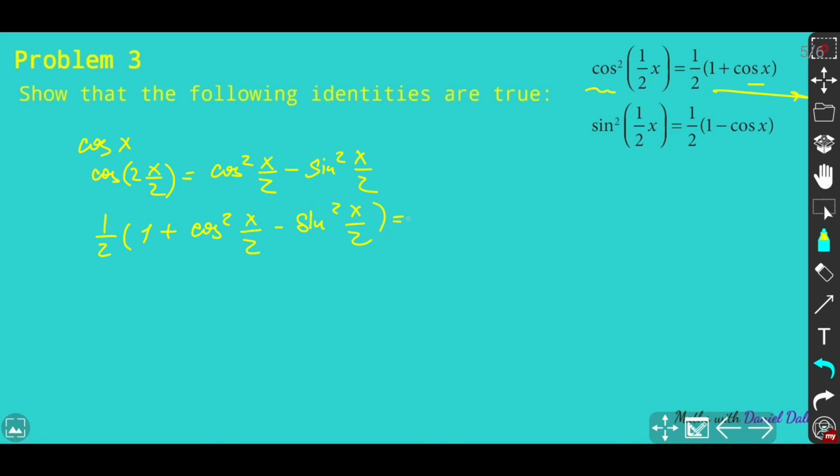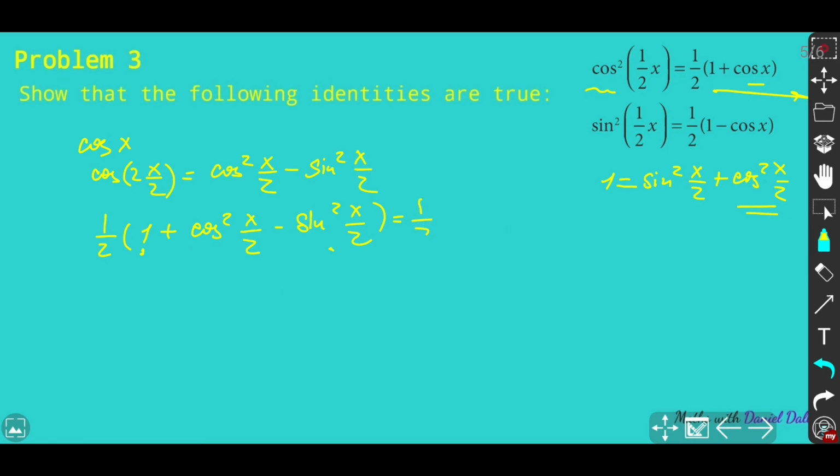Okay, so let's simplify, and I again combine the basic trigonometric identity, so you can apply it to whatever angle you have. You can write it even for the half of the angle, so you just write it straight away. And because you again have 1 and minus sine squared x over 2, that becomes cosine squared x over 2.